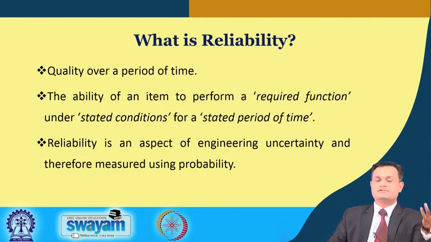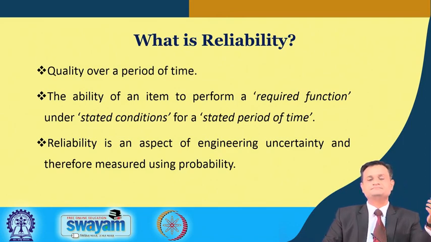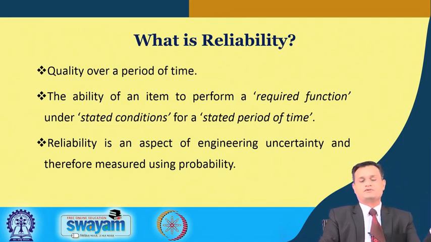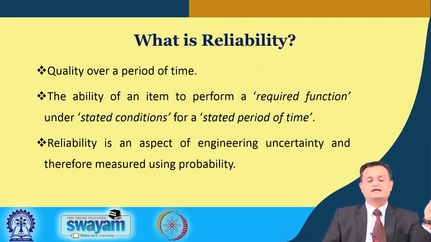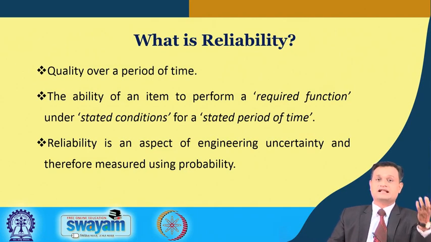So quality over a period of time is my reliability, the ability of an item to perform a required or intended function under stated conditions. Let us say, again, a Maruti four-wheeler car: if it is used in hilly, urban, or rural areas, the performance of the car should fall well within a particular prescribed range.